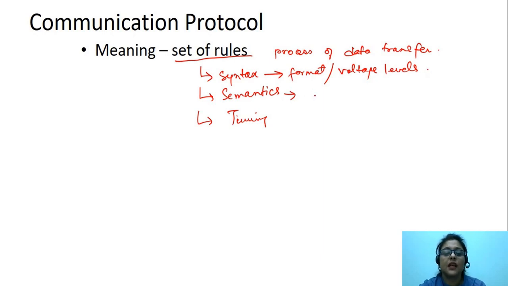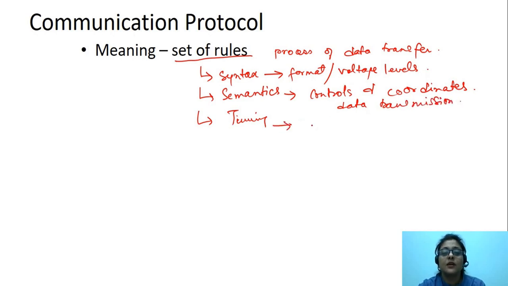Semantics basically controls and coordinates the data transmission process. And timing means the instant of data transfer.